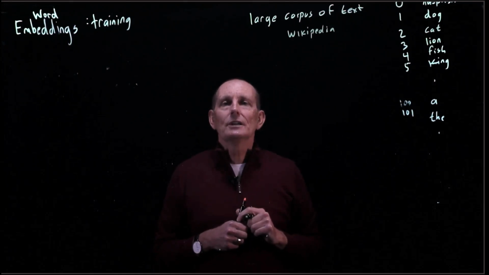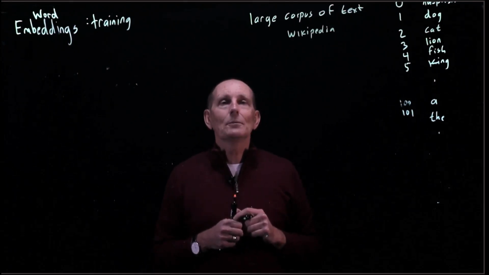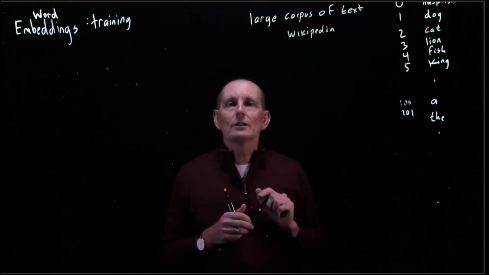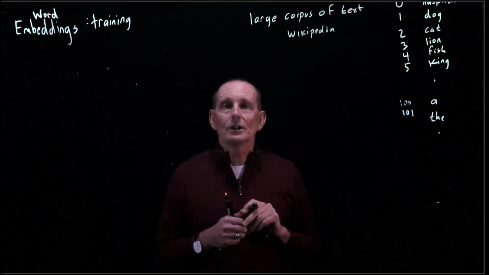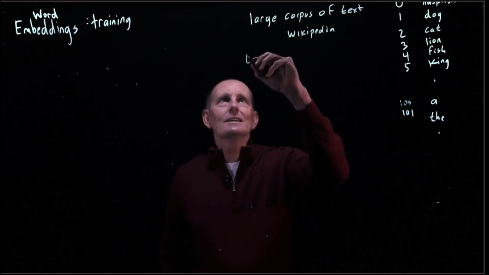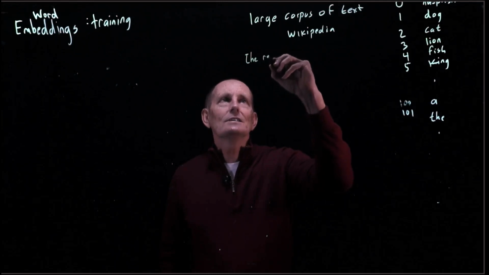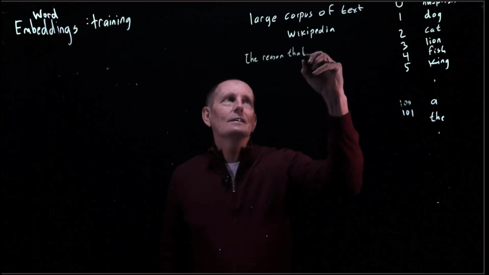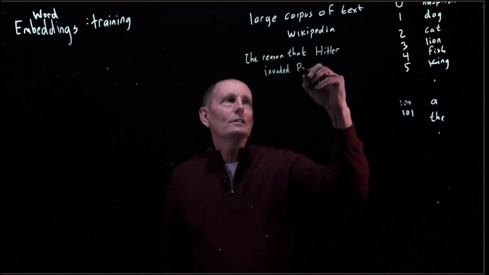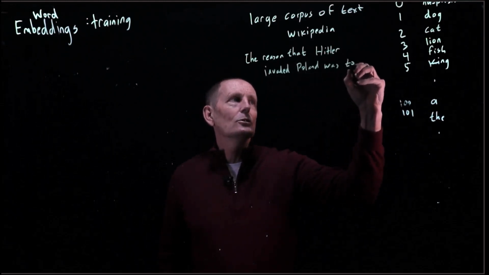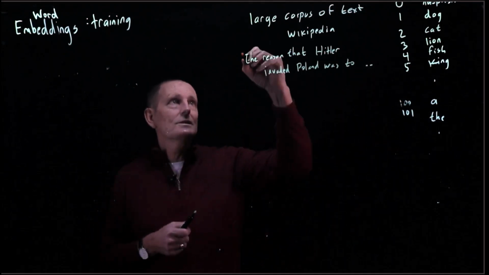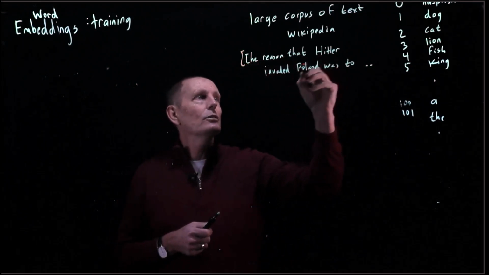And what we then do is we break Wikipedia into 7-word chunks, overlapping 7-word chunks. So we'll take something that says, let's say, the reason that Hitler invaded Poland was to someone. So we're going to take 7-word chunks. So we're going to take 1, 2, 3, 4, 5, 6, 7.